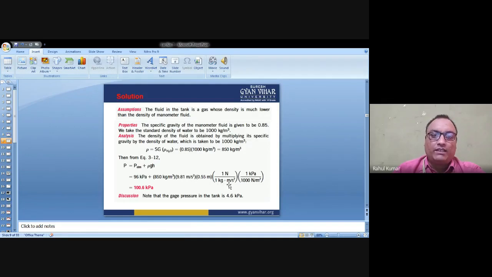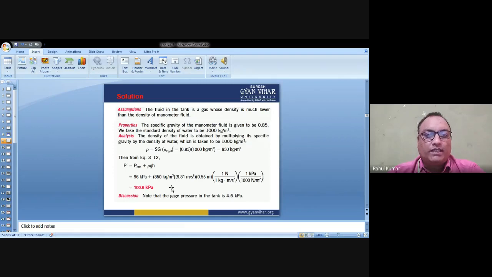Then 1 Newton is 1 kg meter per second squared and 1 kilopascal is 1000 Newton per meter squared. This is done to get the pressure in kilopascal only. So the pressure is here 100.6 kilopascal.